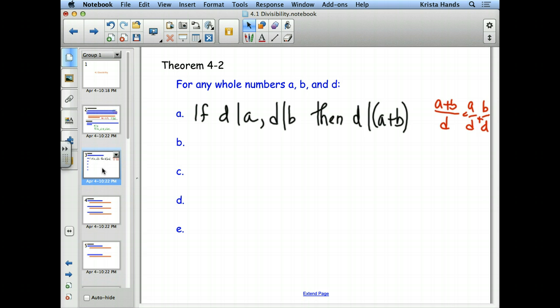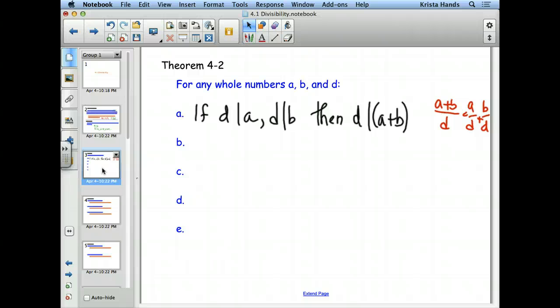This is a whole number because it was supposed to be divisible. So when we add 2 whole numbers together, we get another whole number. And you can use numbers if you'd like, not letters. I know that some of you don't like my generic letters in here, I can tell already. But let's use some numbers. If 2 divides 4 and 2 divides 6, then 2 is going to divide 4 plus 6. Does it? Well, yes, because 4 plus 6 is 10. So you can use numbers in there to get that feel for it.